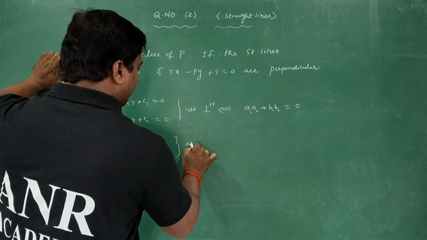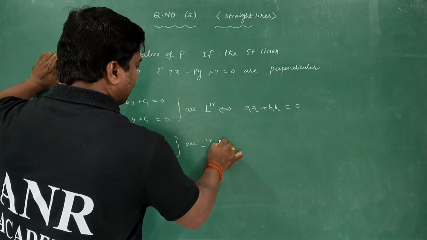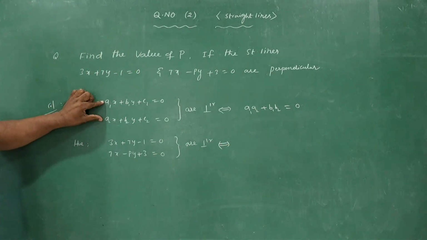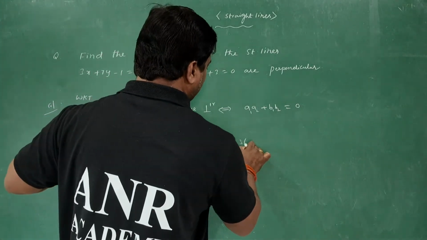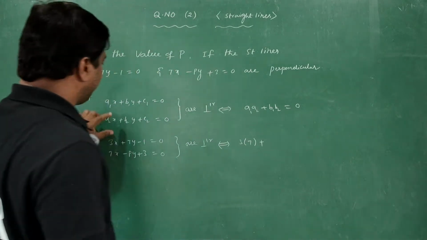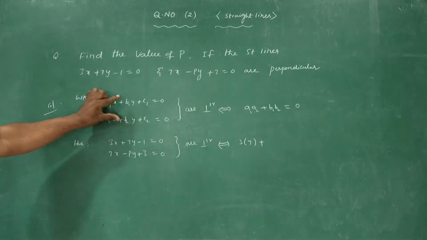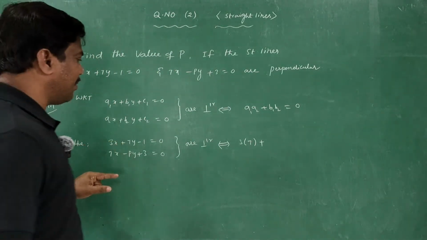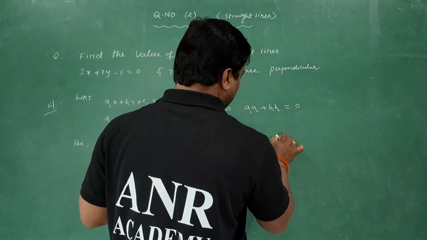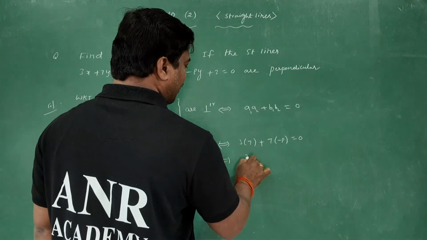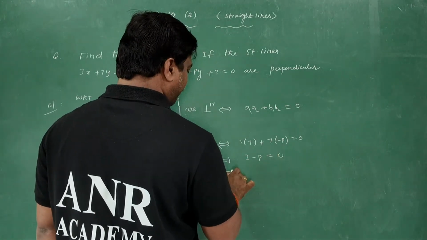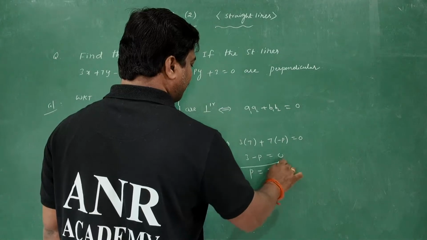These two are perpendicular. See, a1 a2 is nothing but product of coefficients of x, that is here 3 into 7. Next b1 b2 is nothing but product of coefficients of y. So 7 multiplied by minus p. Neglecting 7, you will get 3 minus p equal to 0, implies the value of p becomes 3.